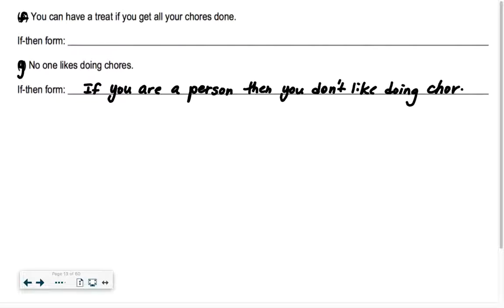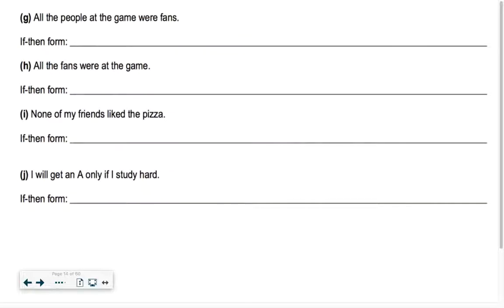Aren't they strange? So sometimes it feels a little forced to put it in if-then. That feels a little forced to be like, if you're a person, if you exist. All right, so the next one. All the people at the game were fans. So what do we think?